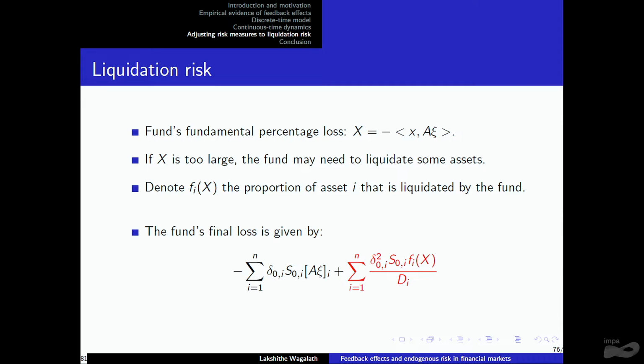Right? And now, what we want to do is look at the loss of the fund, taking into account also this component. So we want to look at the value at risk and the expected shortfall in the case where the fund has to liquidate some assets, but take into account the feedback effect of those liquidations, right?